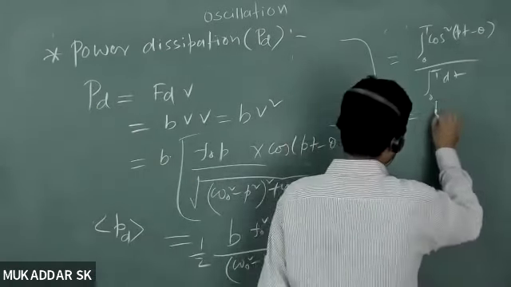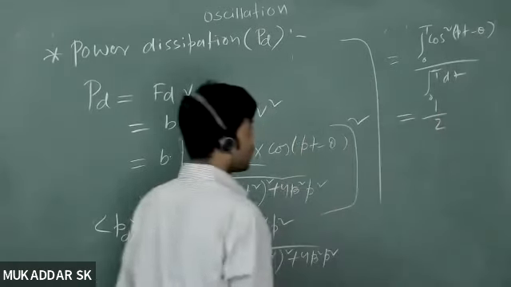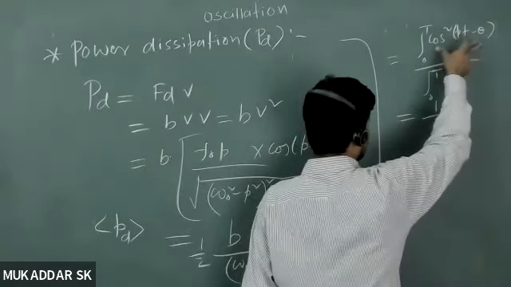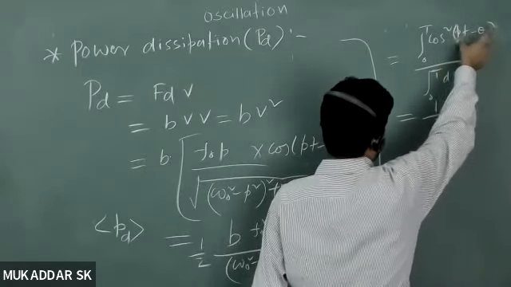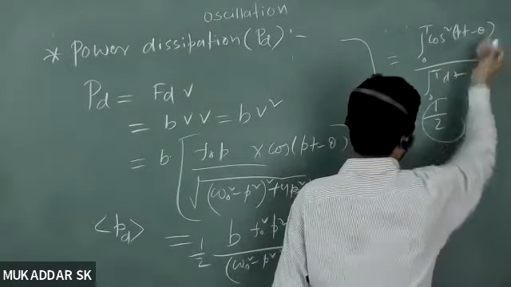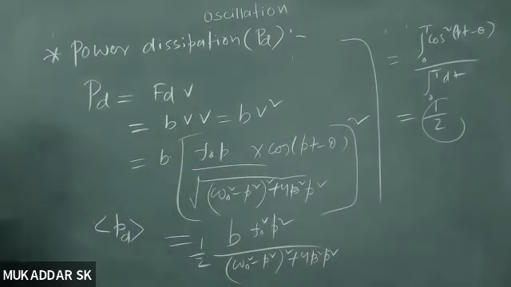It will always give you 1/2. Whatever phase is inside, when you take the time average of cos square of some phase, it will always provide 1/2, no matter what the phase is. Is it clear?